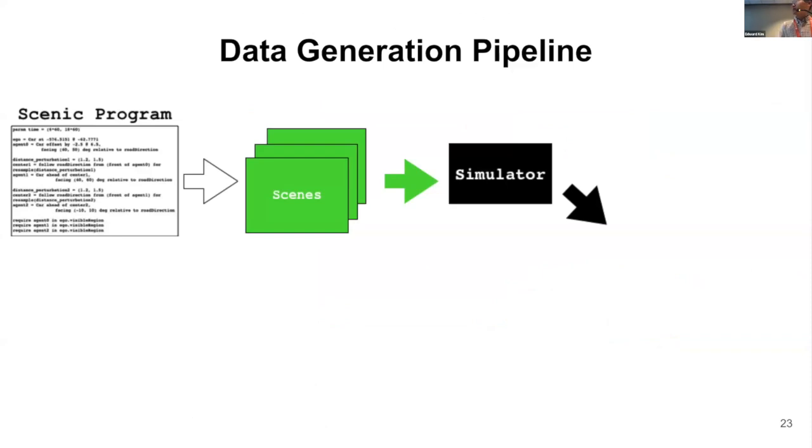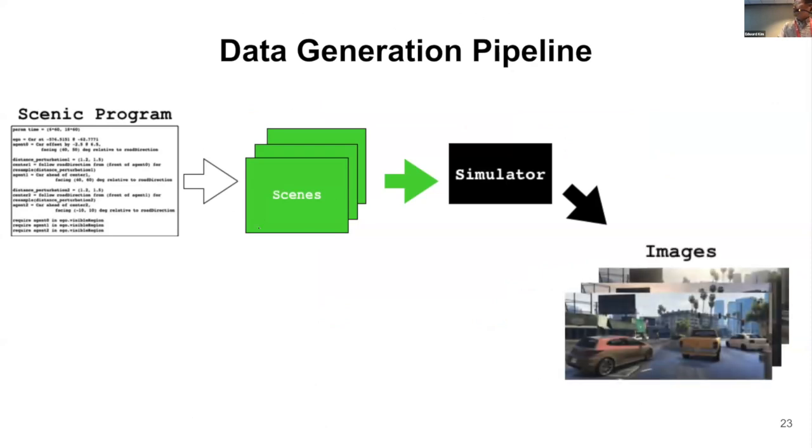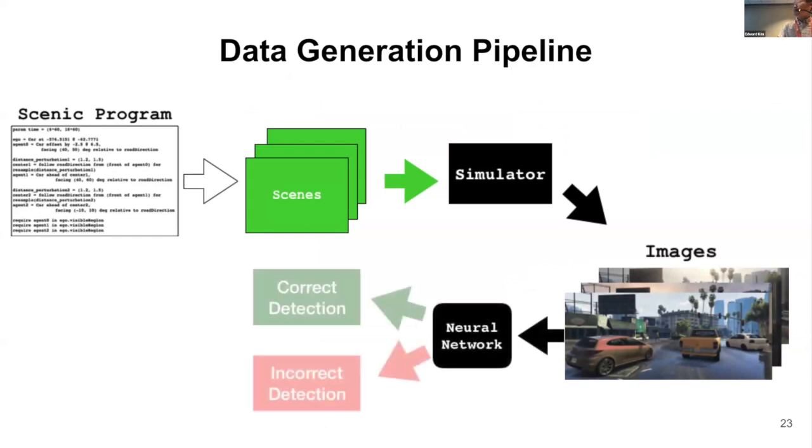So how that works, just to provide background, is that at each execution, in this case we're only looking at static scenes, SCENIC generates a scene, and that gets fed into a simulator, and the simulator renders an image, and then we feed it into the neural network perception model, and try to determine whether it was performing well or not.